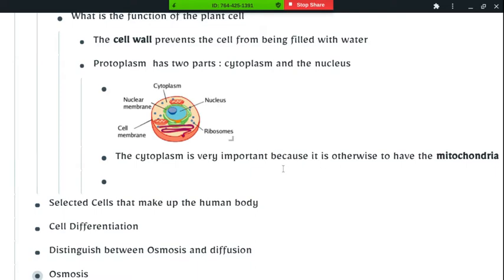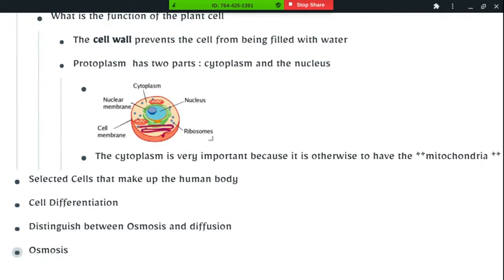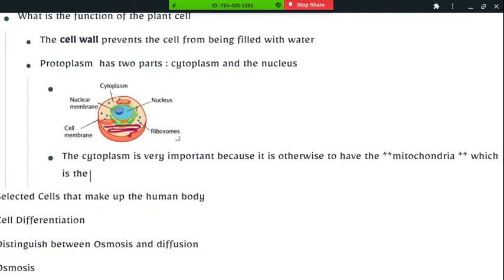So the cytoplasm is very important because it contains something called the mitochondria, and everybody knows what the mitochondria is. But what do we always say about mitochondria? It is the powerhouse of the cell. Have you heard of that one before? Mitochondria is the powerhouse of the cell.